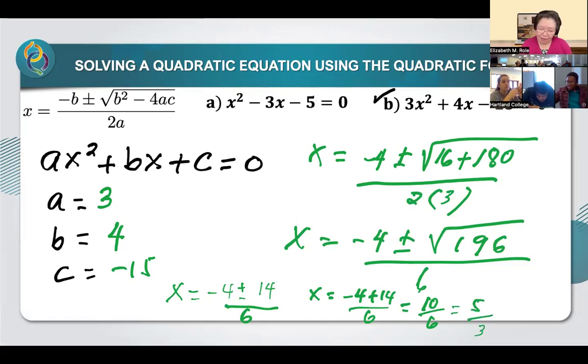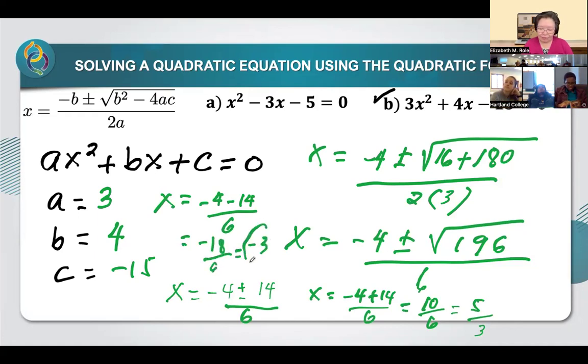The other one is x equal to negative 4 minus 14 over 6. Negative 4 minus 14 is negative 18 over 6, which gives you negative 3. So you'll have two answers, negative 3 and 5 over 3. Did you see where you went wrong?